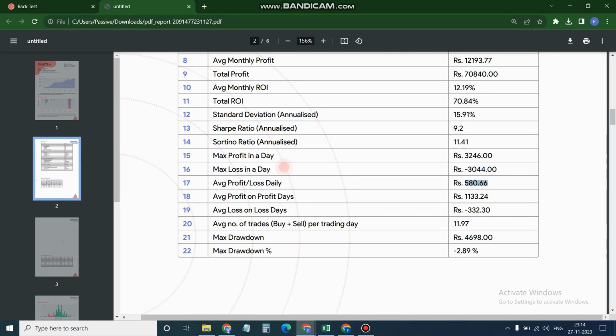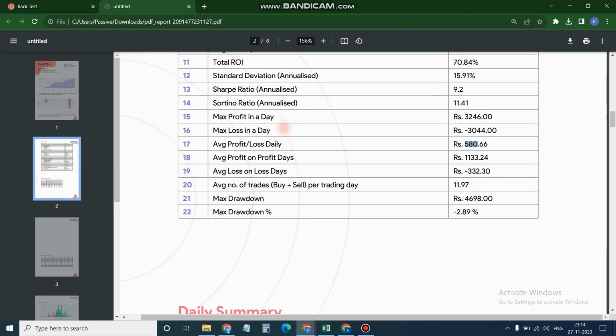Sorry, average profit and loss daily is 580 rupees on average. 1133 rupees is the average profit on a profit day. Average loss on a loss day is some 332 rupees. Total trades taken is 11 point something, which means 12 trades.